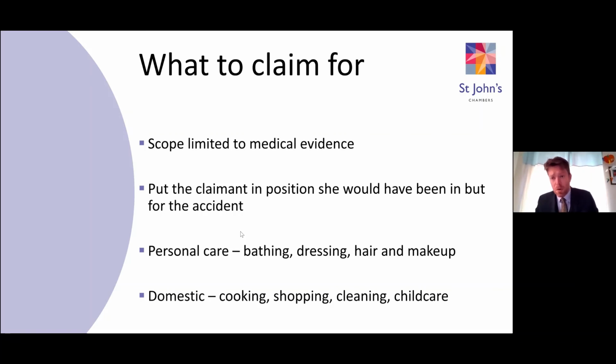Very common for someone who's suffering with a soft tissue whiplash injury with symptoms in the neck and the shoulder and upper back to have problems with dressing, bathing, or applying or doing hair in the morning and that sort of thing, or doing the heavier domestic tasks. Moving on to the next slide.